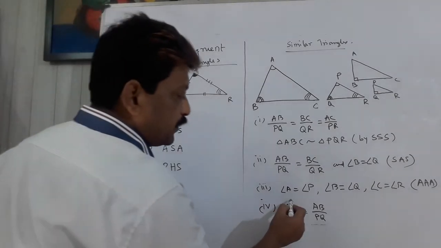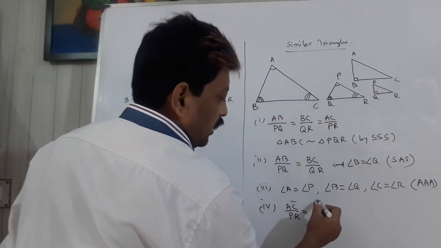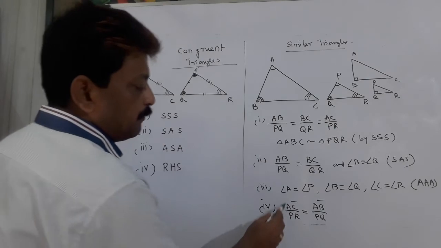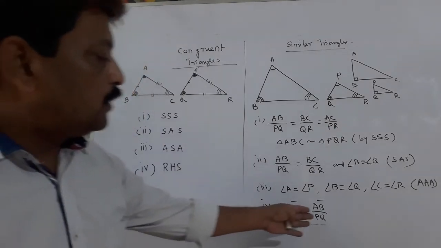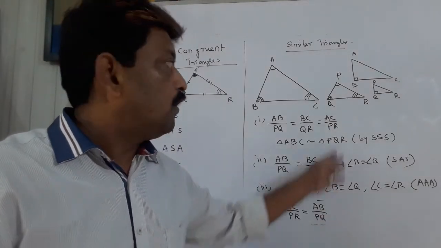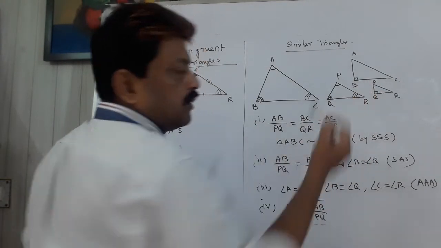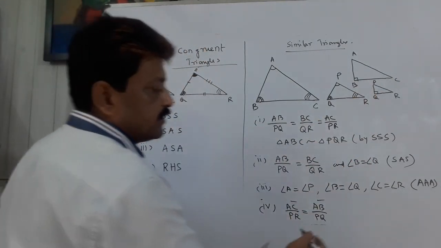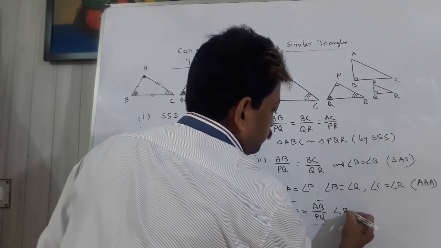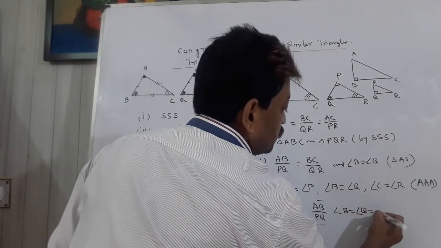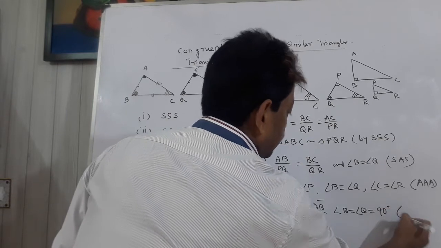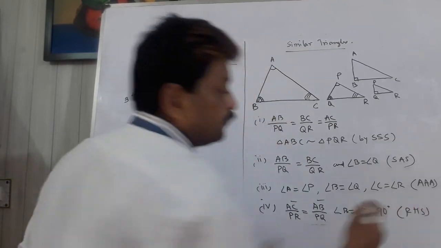So if the hypotenuses of both the triangles are proportional to any two sides of the two triangles, and the right angles are already equal, then we can say that these two triangles are similar by the criteria RHS.